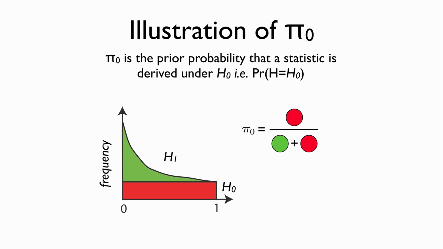This is a p-value versus frequency plot. If we start at a low p-value, we see quite a number of alternative hypotheses, but the further out towards the end of this distribution, the less we see.